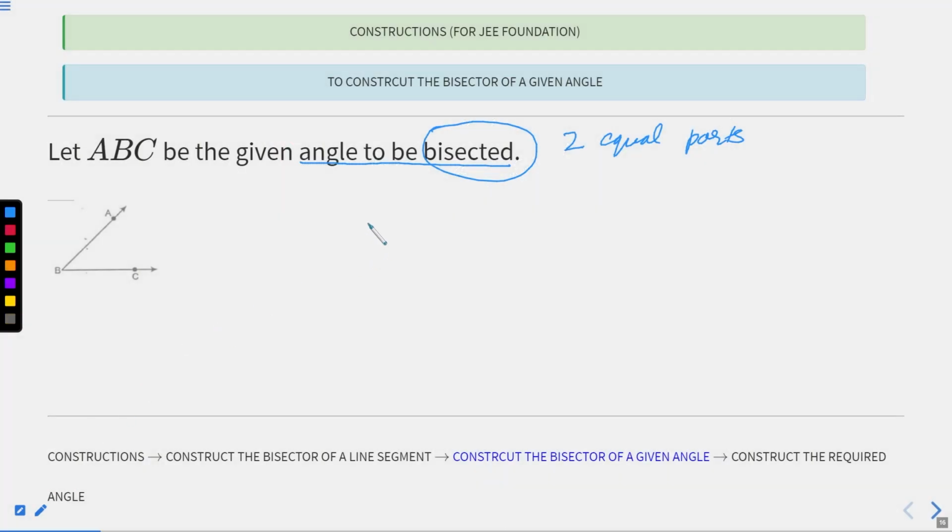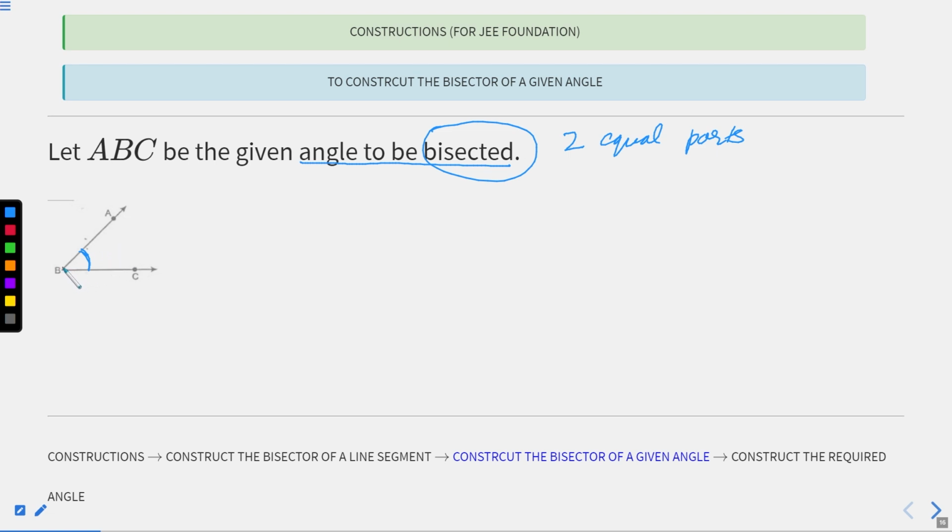So now let's move. Here we are given an angle, and we have to create a bisector of it.